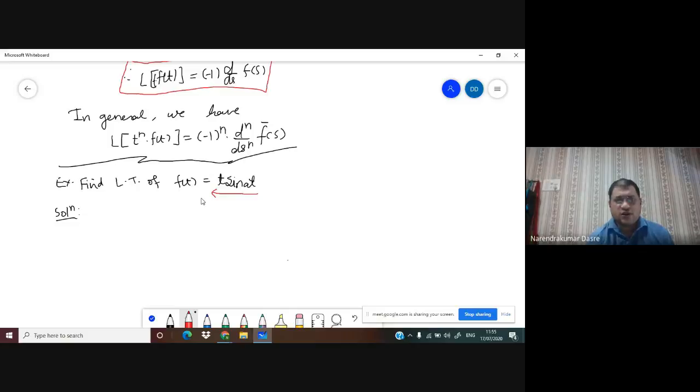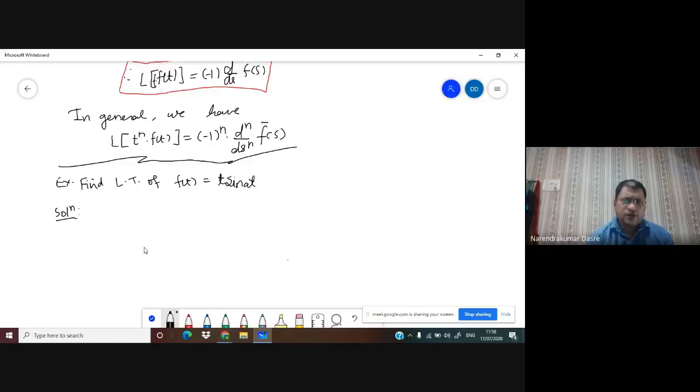While solving the problems of Laplace transform, you have to take care that you always solve from right to left. First, try to understand the problem, consider what are the steps involved, and then try to solve those steps. Here in this problem, we have to consider the function first.